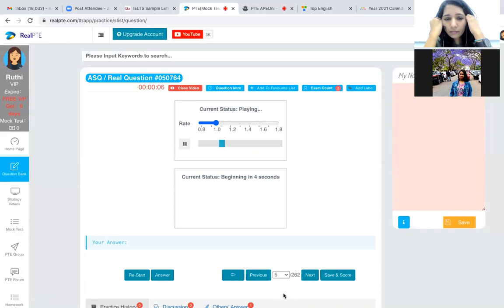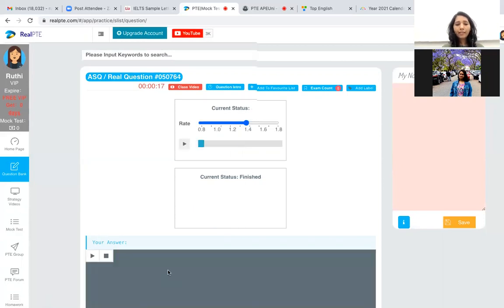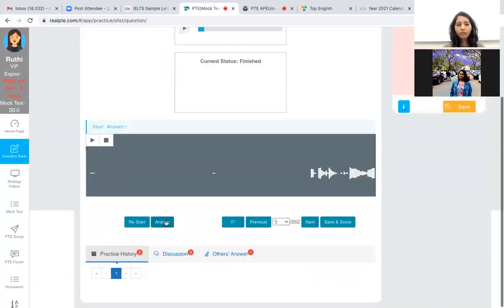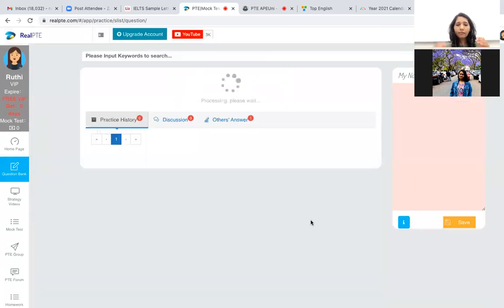What shines at night in the sky and uses its own brightness? Stars. Because it says uses its own brightness, so it can't be the moon or the planets, right? Yep. So the answer is star. Ready? Yep.